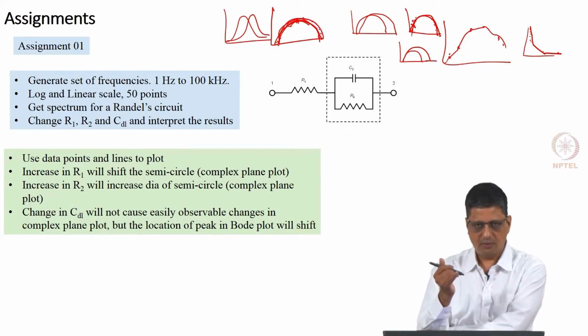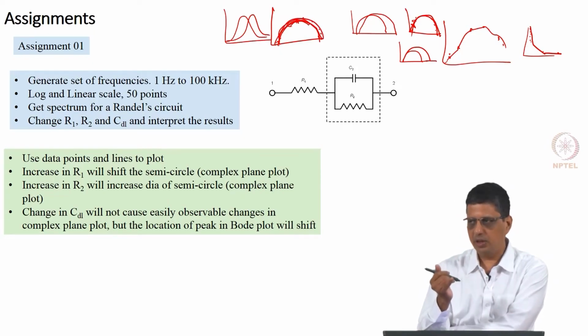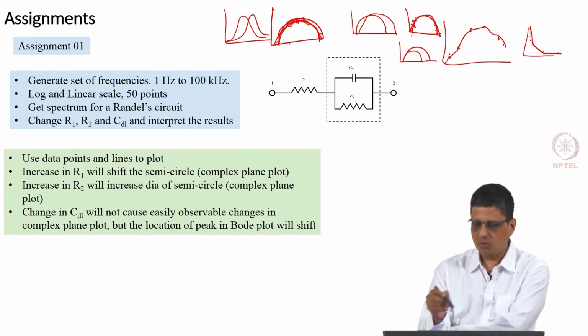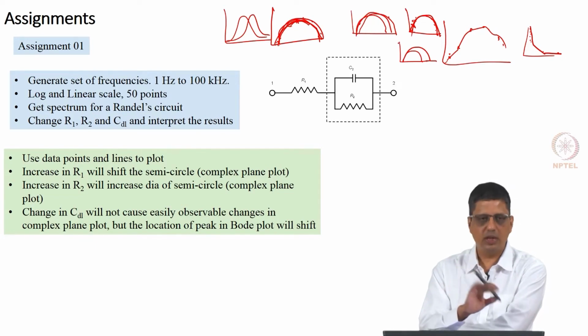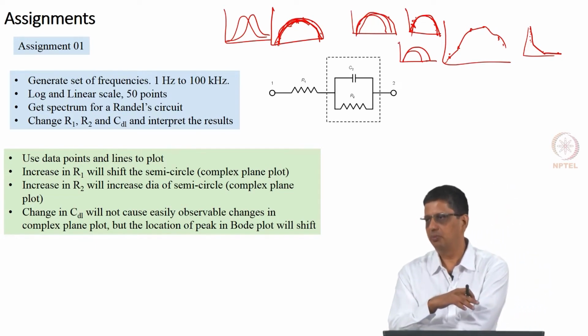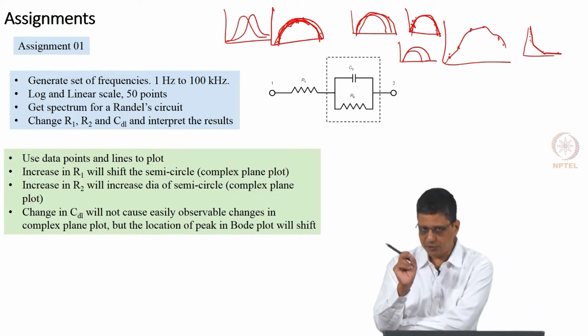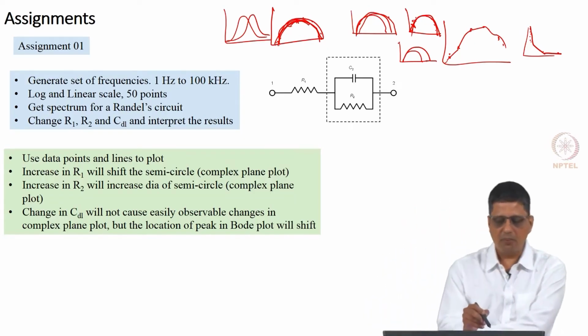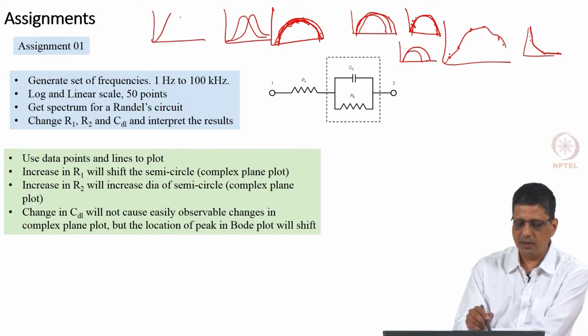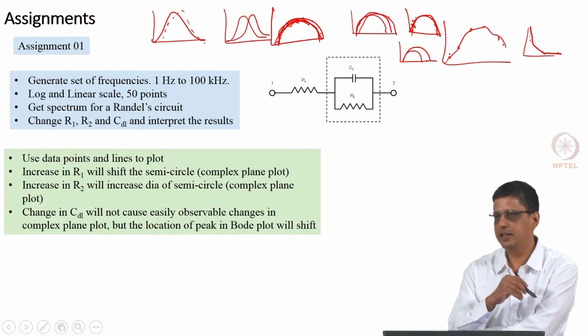If I draw for a given R solution, given R1, given R2, and change the value of CDL a little, and plot one as a continuous line and another as markers, you will think both are the same, unless you are very careful in noting which frequency point lies where. If you do the same thing in the Bode plot, phase for example, one will be markers, one will be a continuous line, and you will know there is a difference.